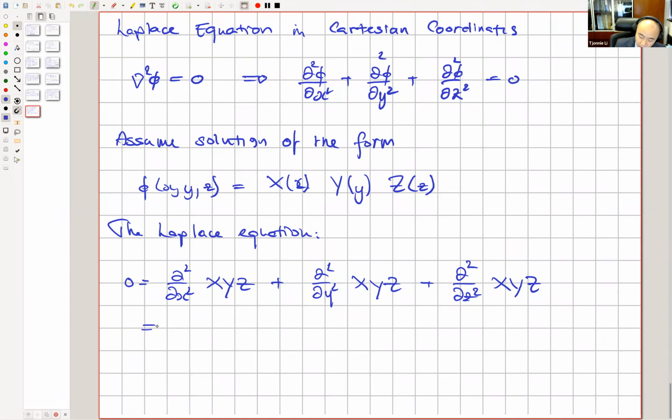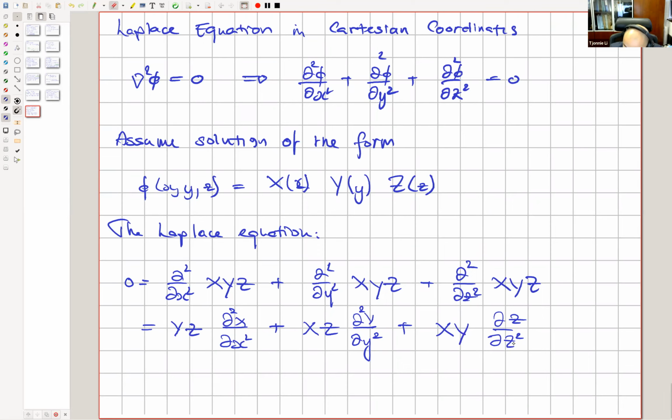And so when we take the partial derivative with respect to, let's say, x, then I know that Y and Z simply factor out, and I'm getting the second derivative of big X with respect to small x. And here I get X and Z that factor out, and I'm getting the second partial derivative of Y, and here the last one, X and Y factor out, and I'm getting the second derivative of Z.